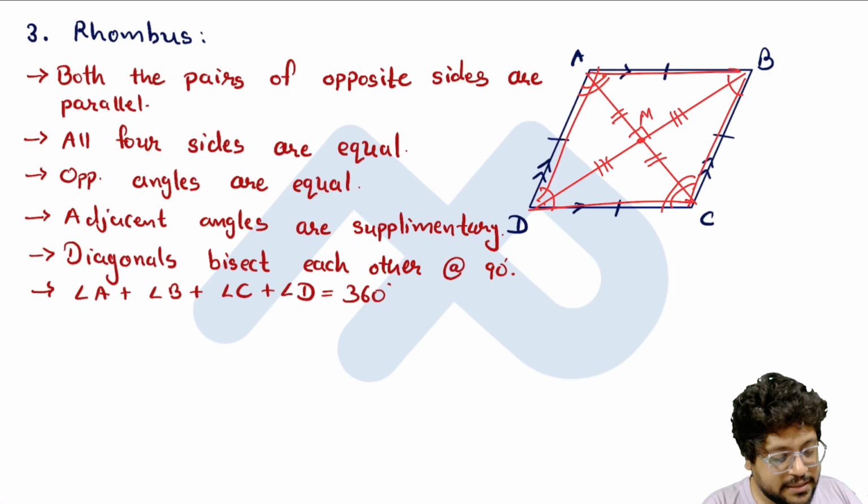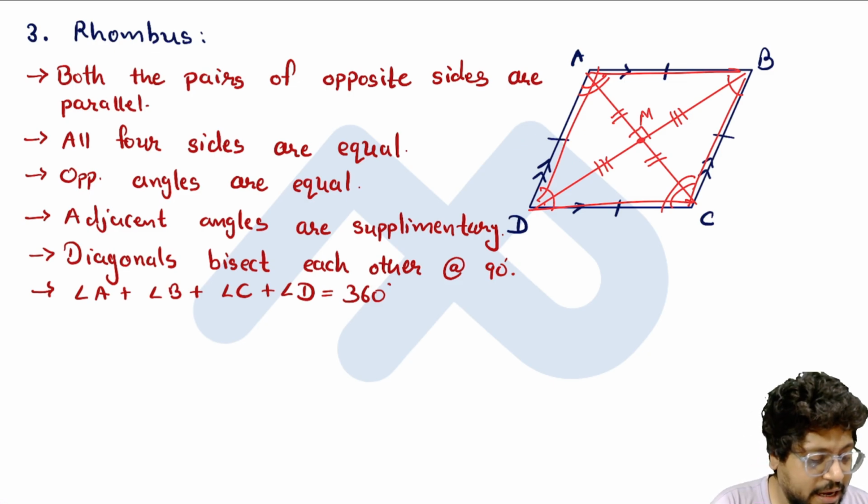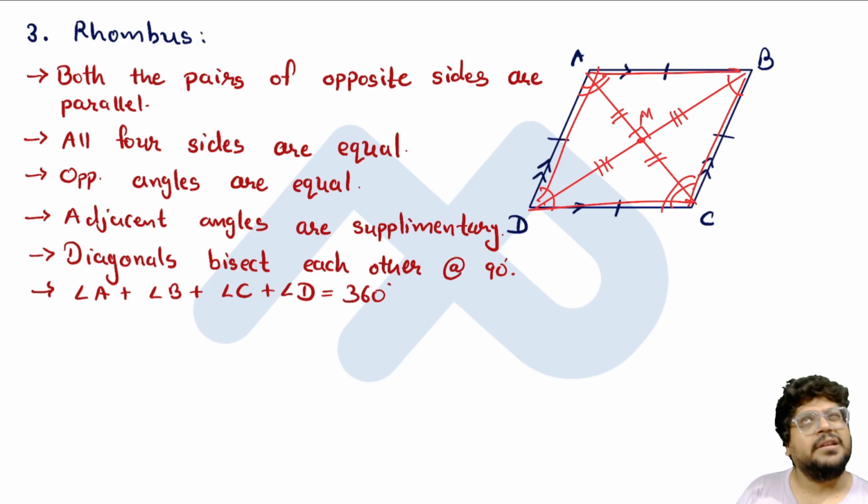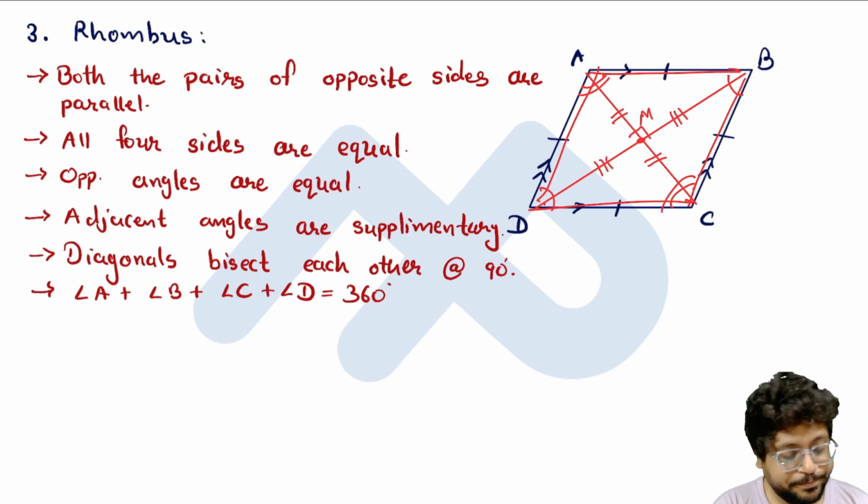Both the diagonals bisect each other at 90 degree. Clear? So it is very important to remember this property, that both the diagonals are perpendicular, because in I think the 9th chapter we'll use Pythagoras theorem also, where this property will be very useful.